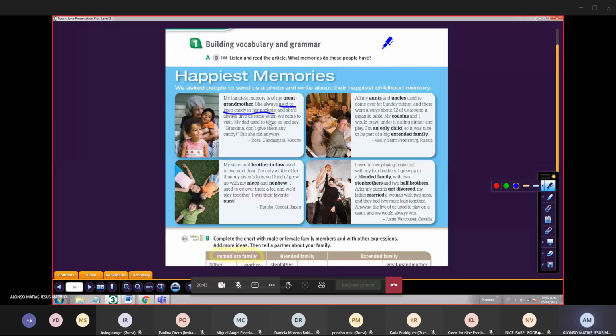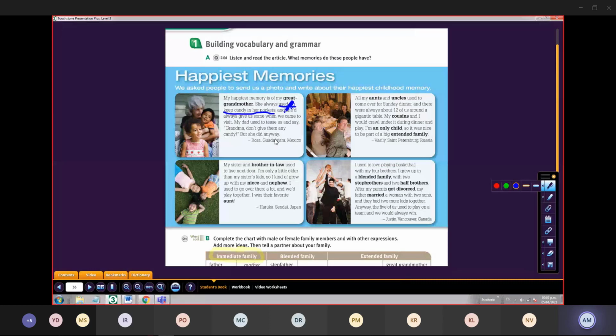Now I ask you, what is the second structure that I need to underline? The second structure that I need to underline is she'd always give us, okay?